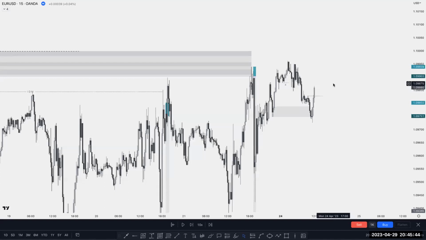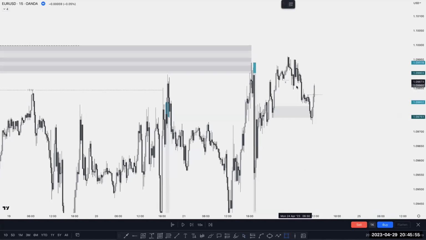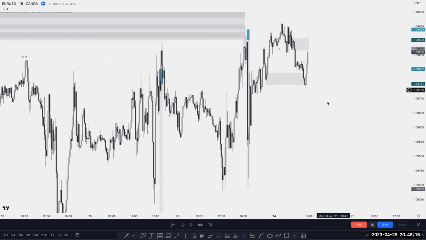So in this case, where is our PY, after taking out this inducement? This one, right? So this PY is mitigated here. Okay, so if market creates anything here in a lower time frame, in a 1 minute time frame, then you can take entry.